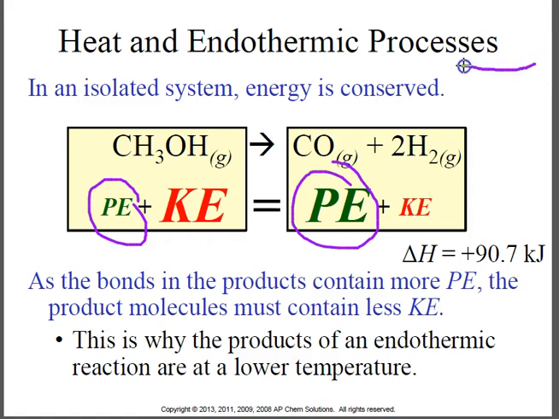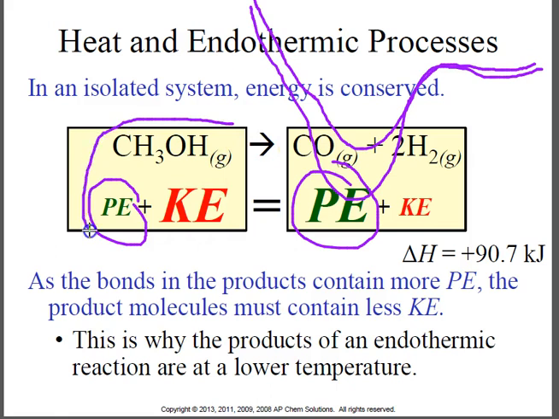So remember those plots that we looked at where it dipped as the bond formed? If the bond is strong, that dip will be really low, right? So the potential energy would be low. For example, in the reactants here, there's some strong bonds, so we have a low potential energy.